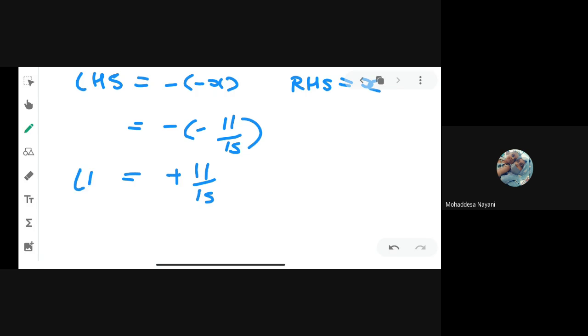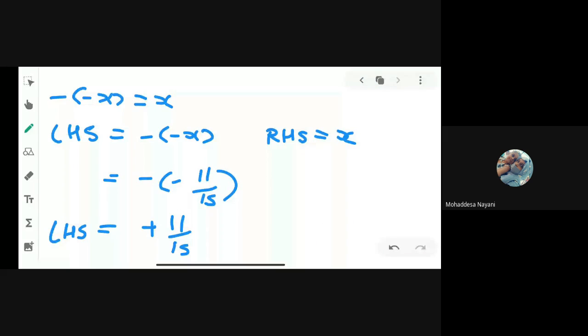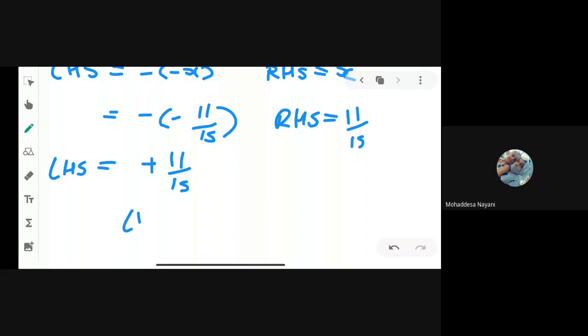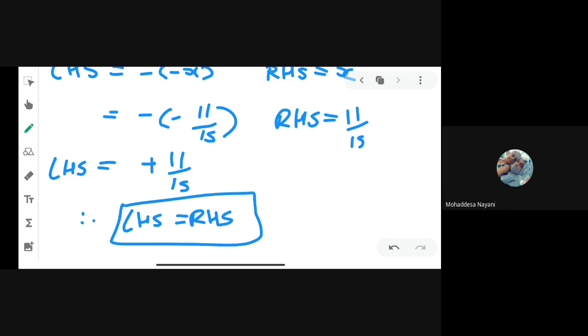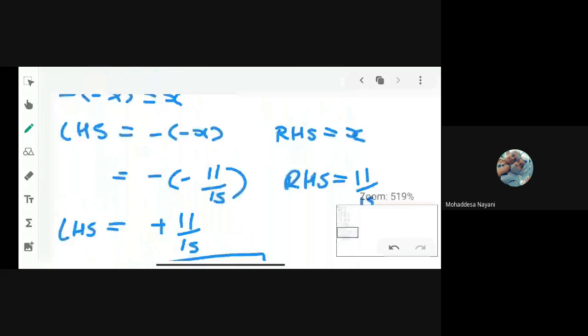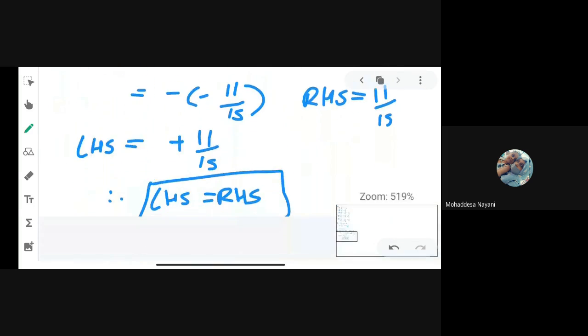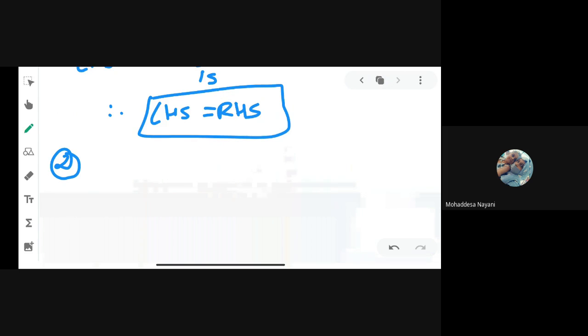So what is the value of left hand side? 11 by 15. And right hand side is equal to x, so x means 11 by 15. So we can say that LHS is equal to RHS. So it is verified. Right? Yes.